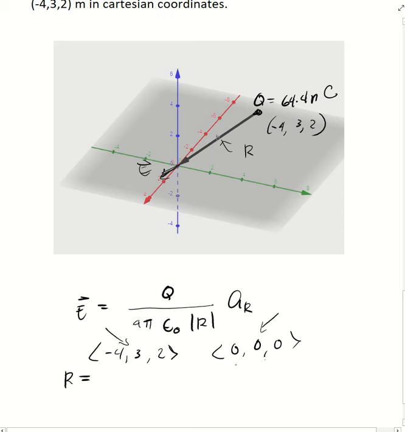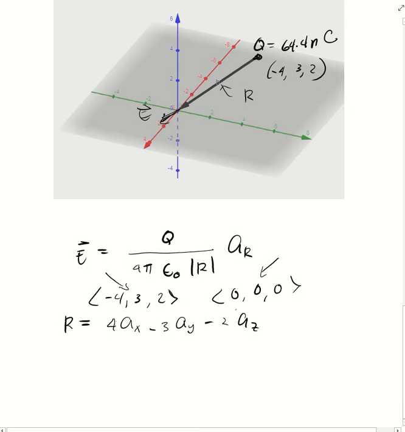So we subtract. 0 minus negative 4, so this is plus 4 AX. Then 0 minus 3, so minus 3 AY. Then 0 minus 2, minus 2 AZ. And that will be our displacement vector, or directed vector.